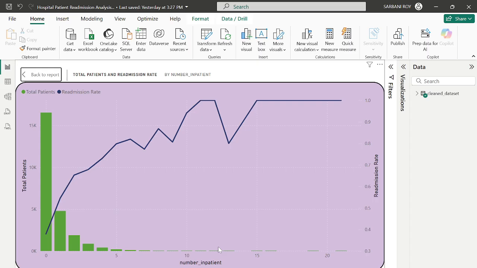The clinical interpretation that we can conclude from this chart is that previous hospitalization is one of the strongest predictors of future hospitalization. These patients need regular follow ups, medication monitoring, home care or telemedicine, lifestyle support, and more aggressive disease management.